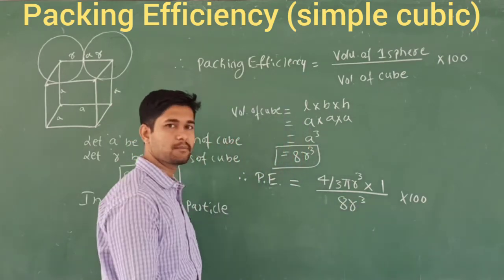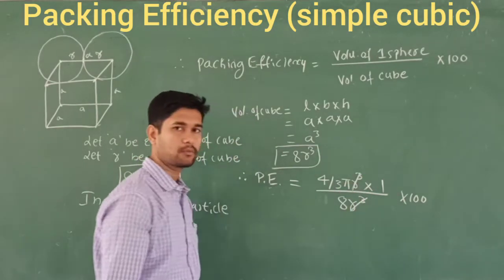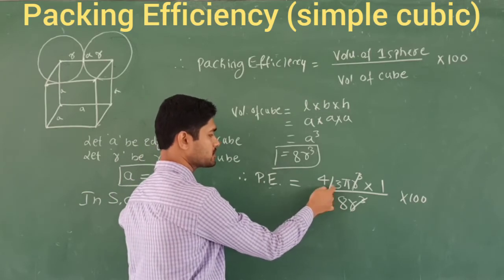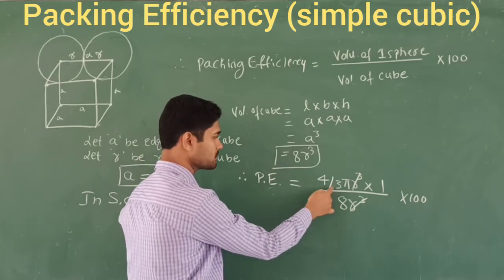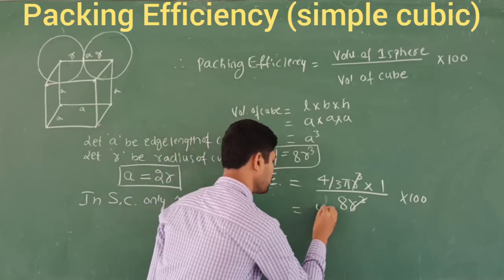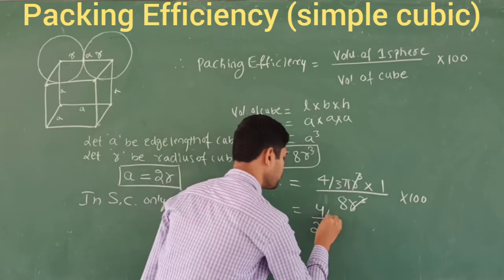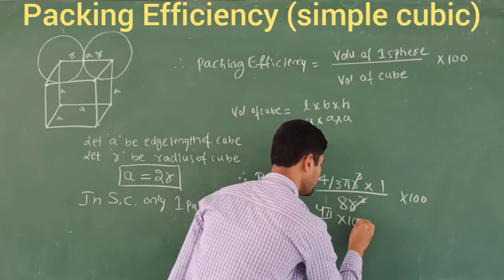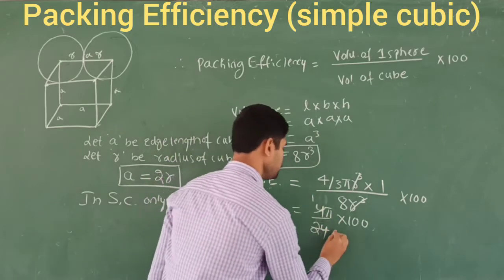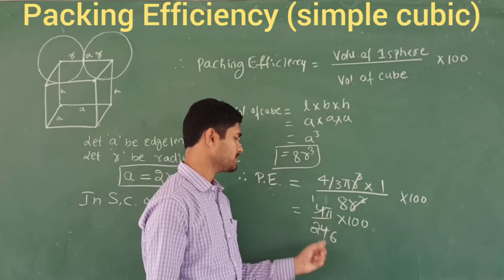So now it is a simple calculation. This r cube and this r cube are going to be cancelled, and this 3 comes in the denominator. 3 into 8 becomes 24. I am going to write 4 by 24, and the remaining pi is there, into 100. Simple calculation. So 4 1s are 4, 4 6s are 24, so this is now pi by 6 into 100.